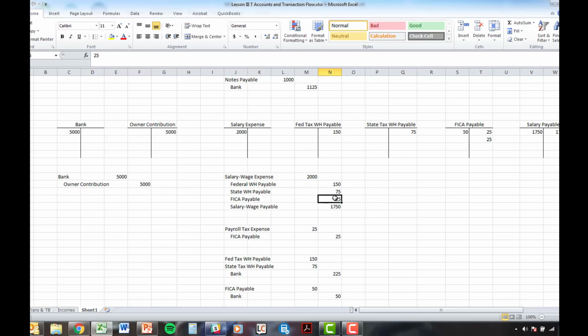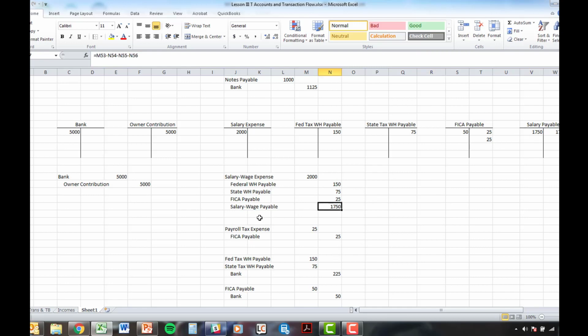You have a FICA payable for $25. And again, that's the withholdings for Social Security and Medicare. Just as a note, I believe it's 7.65% of the gross, up until I believe $110,000. And then you have salary and wage payable, which is the sum of this subtracted from this amount, would be $1,750.